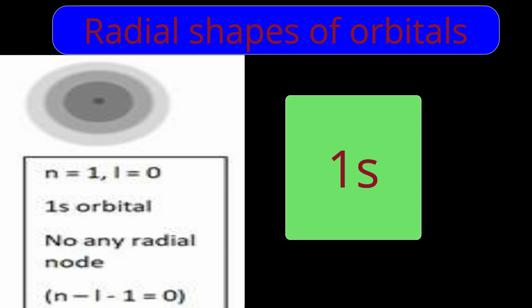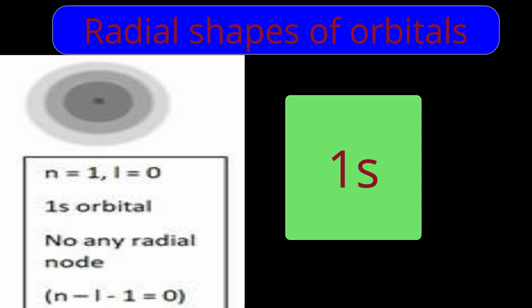As I move away from the nucleus, I am finding electrons, but slowly the probability of finding an electron decreases. Density of electron decreases. Electrons are more near the nucleus. I am saying near the nucleus, not at the nucleus.